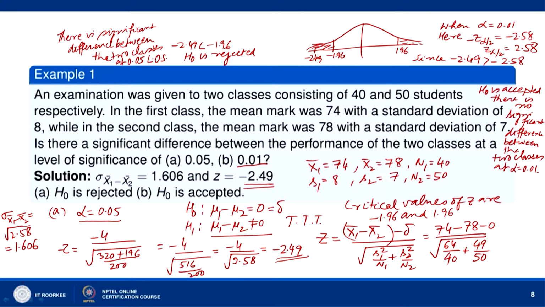That means both the classes' performance is the same. Whatever the difference is, it is just due to chance.